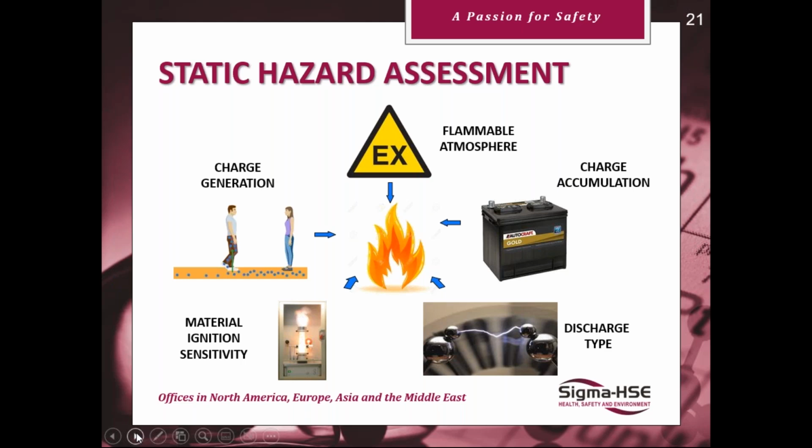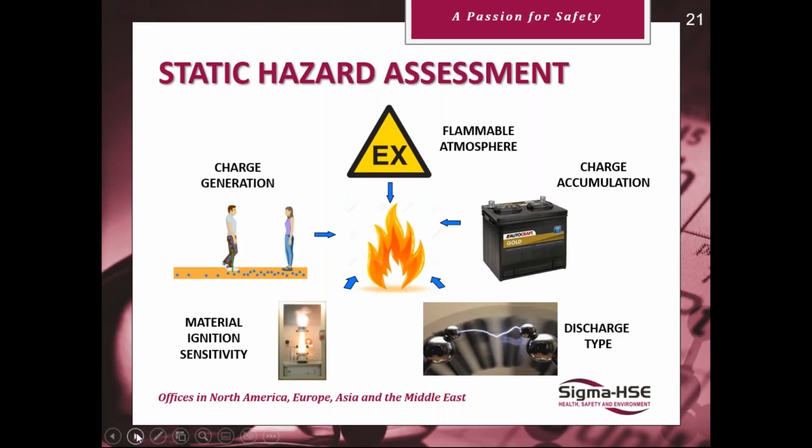Do we have charge generation? We know charge happens with movement, so we've got the potential for charge generation. Charge accumulation now. Can we accumulate that charge? Is it isolated where we're working? So is it an insulator? Do we know the material's ignition sensitivity?